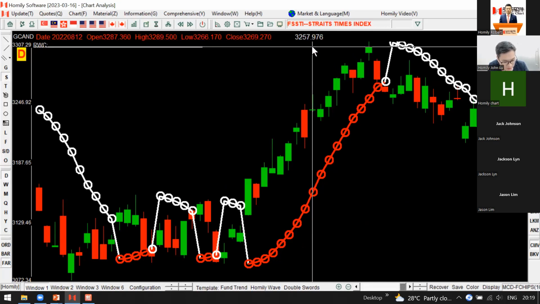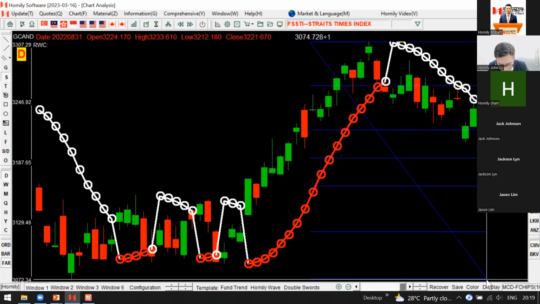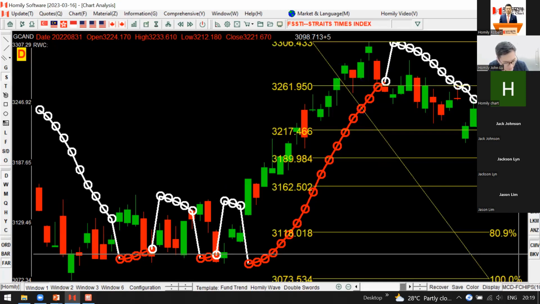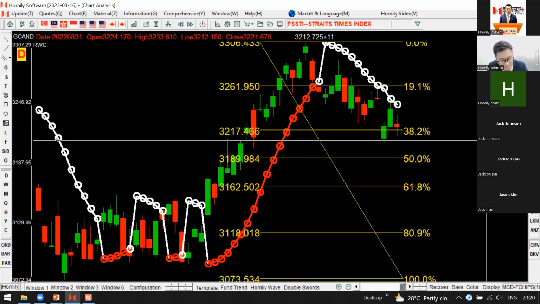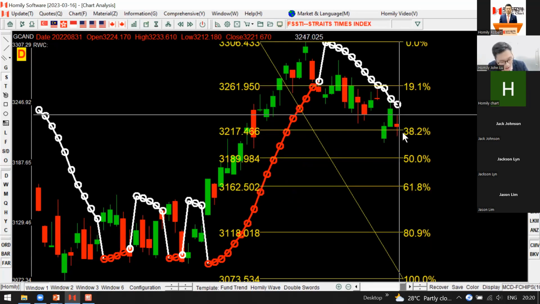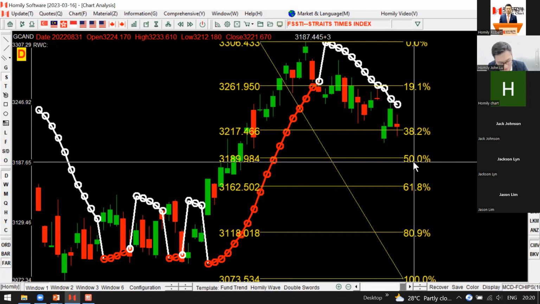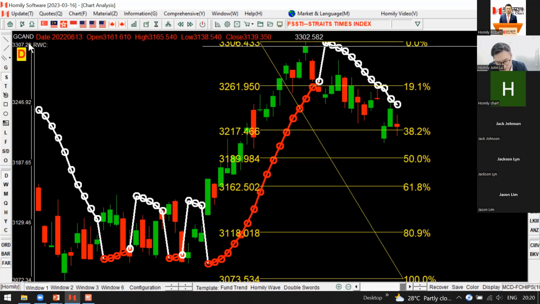Let's just try to see how far around the target level for 50%. Oh, now it's also around here. So the chart looks stronger than the US, because the US market already dropped down to 50%. Our STI just touched here. So yes, our STI is also stronger than US.